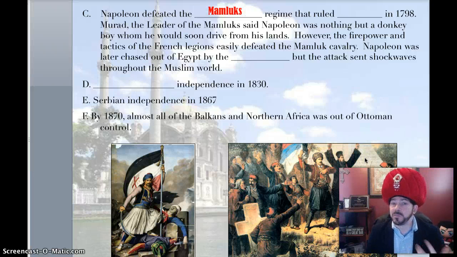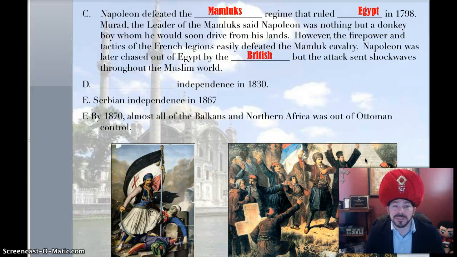Other things that kind of exposed the Ottomans to not being modernized, especially in terms of military, which used to be their thing, right? They were the great military power that swept across Europe and Northern Africa, etc. But now the group in Egypt called the Mamluks, who actually defeated the Mongols, faced Napoleon, right?